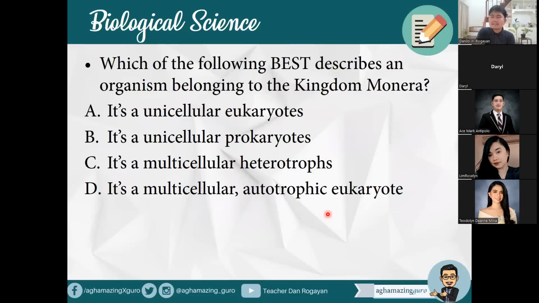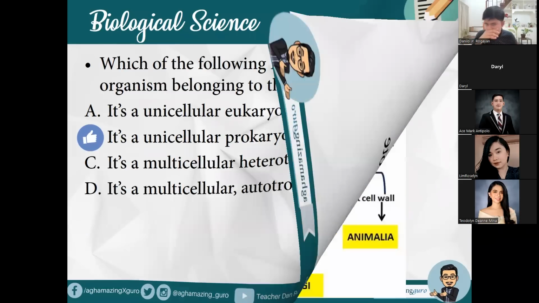Alright, so pwede na natin, since these are monerans, tanggalin yung mga type cell na hindi naman pang monerans, like eukaryote. So tatanggalin na natin yung letter A and letter D. So between B and C, monerans are unicellular. So that is letter B. That's correct. All of you got it right. Yeah, thank you. Sige, next.